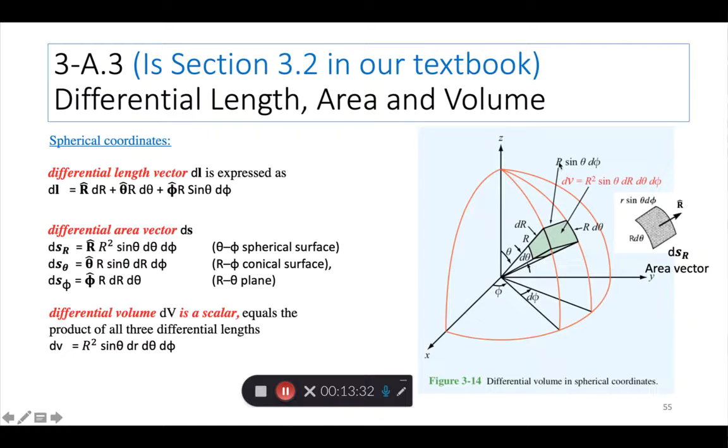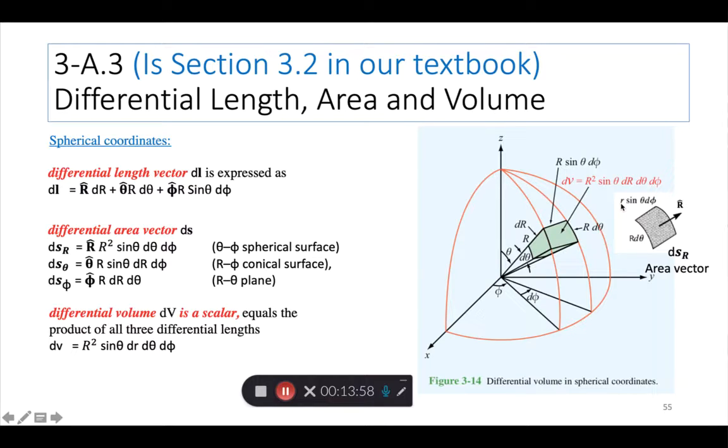The length here is r sine theta d phi, and then this side is r d theta. So once we have these two sides, we just multiply them and pretend it's like a real rectangle, even though we know it's not exactly. But nevertheless, the product of these two, actually, I should put a little r there.